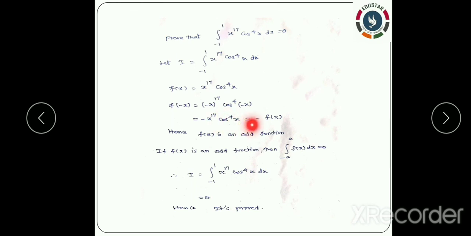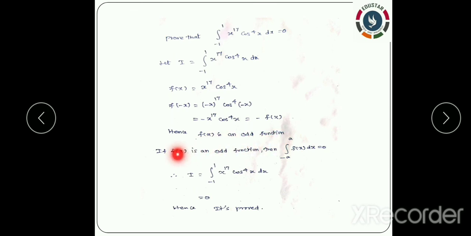Then we get minus of x to the power of 17 into cos to the power 4 x. Since x to the power of 17 into cos to the power 4 x is f of x, we can replace it with minus f of x. Hence f of x is an odd function.